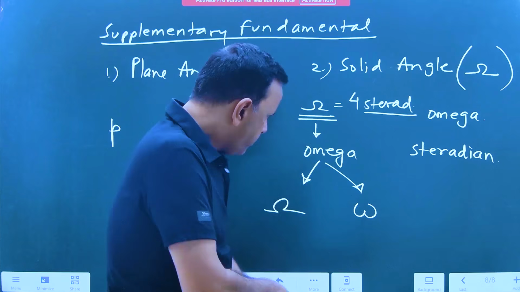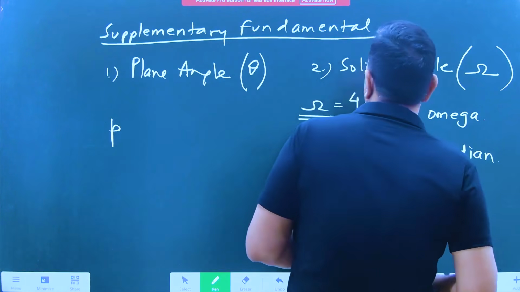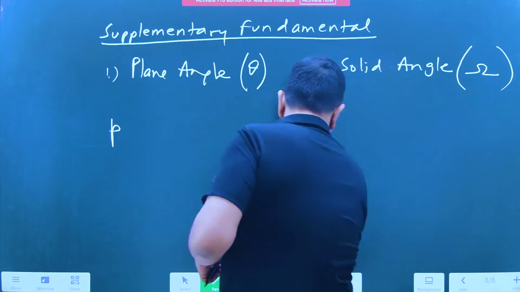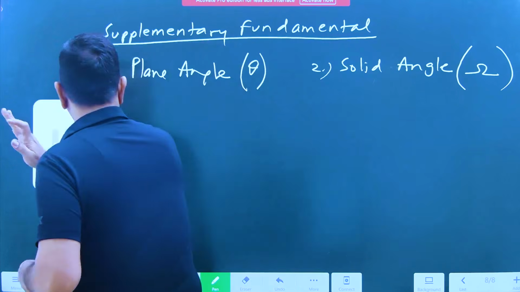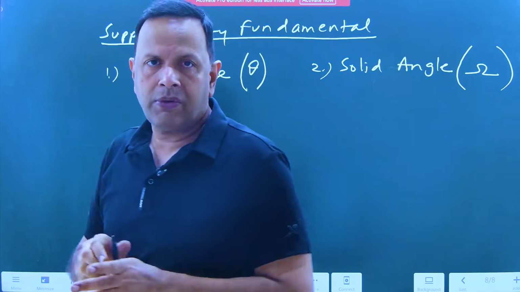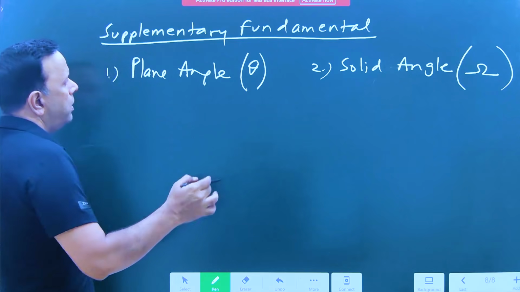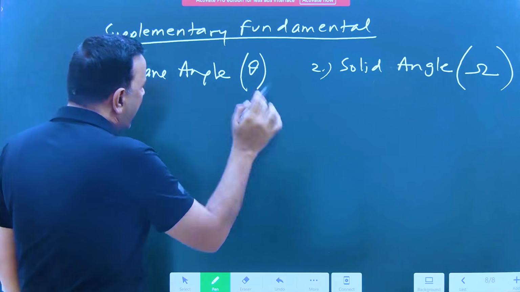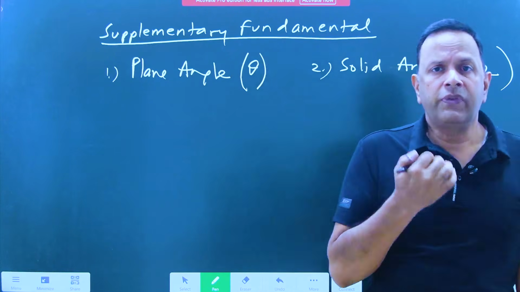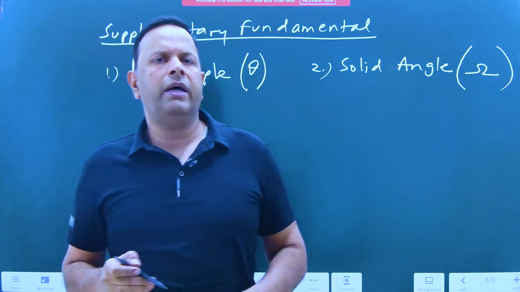All right. So, plane angle and solid angle. See, plane angle is that angle which we have been studying so far in geometry from class 6th or 7th, wherever you started that. The angle represents change in direction. The physical significance of a plane angle is that it shows some change in direction.